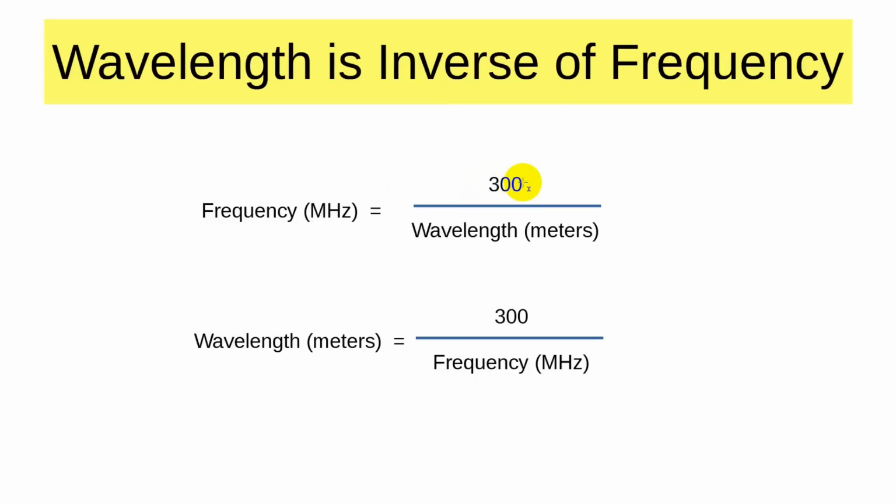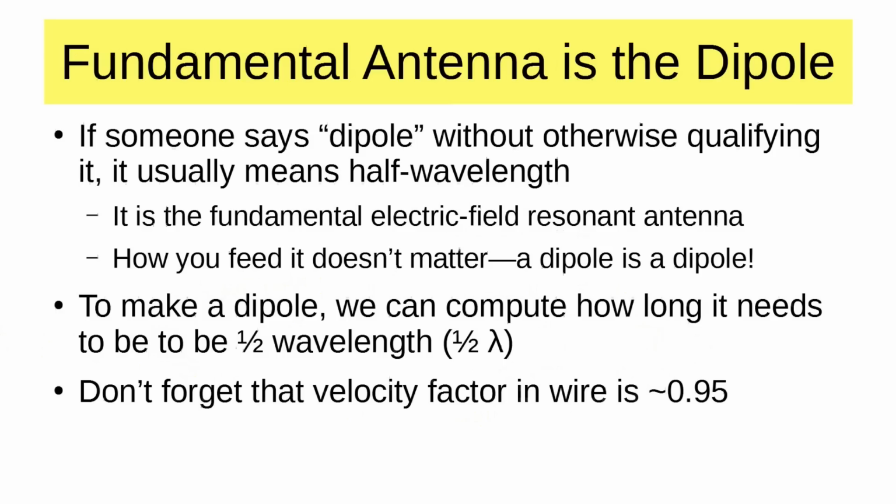So it's 300,000,000, actually 299.99, it's 300. We'll use 300. Now you can always swap what's in the denominator with what's in the numerator. So wavelength is 300 divided by the frequency in megahertz. This bottom one is the one that we're going to use to calculate the length of an antenna.